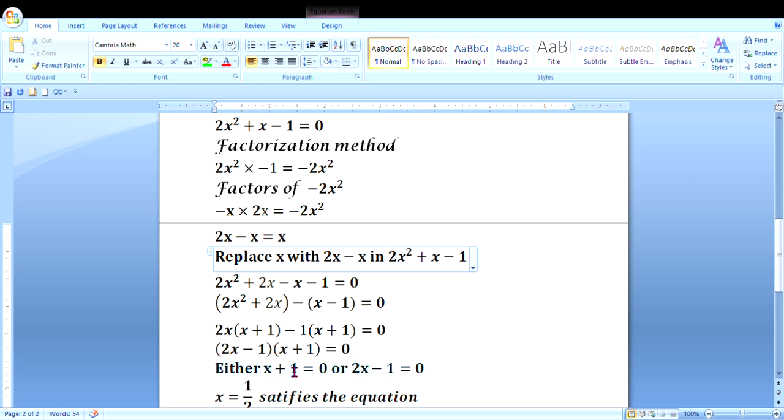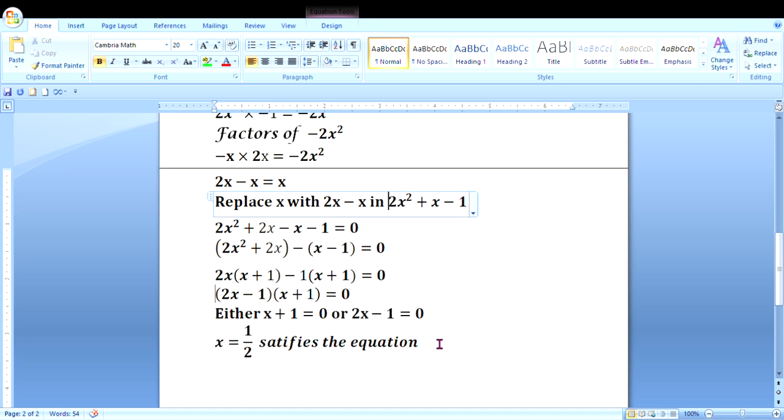So either x plus 1 is equal to 0 or 2x minus 1 is equal to 0. Now, since we are looking for x that will satisfy this equation, it is 2x minus 1 equals 0. And if we do this, x is equal to half. This satisfies the equation. The negative one will not satisfy the equation. So we pick x equals half as the solution to the equation.